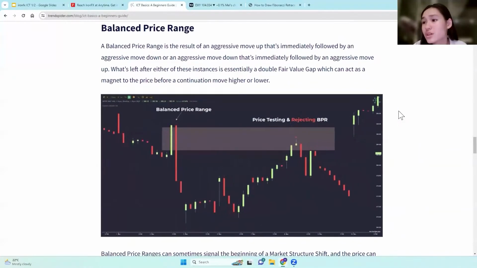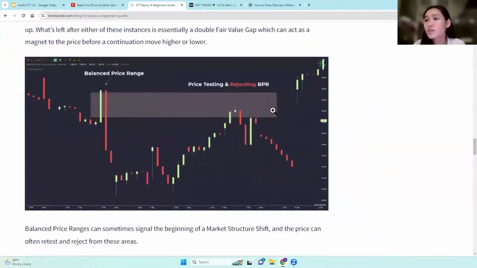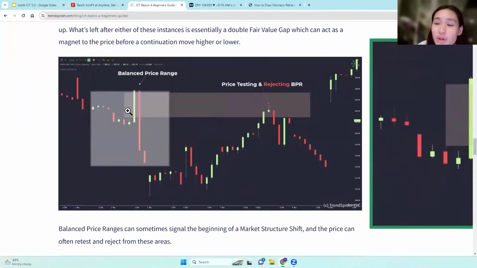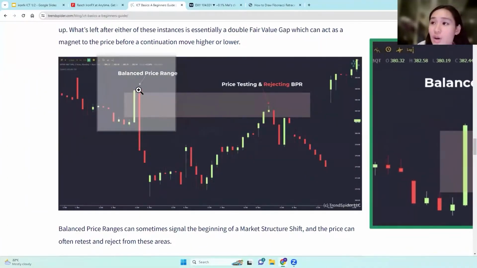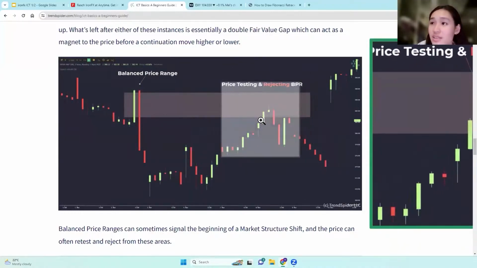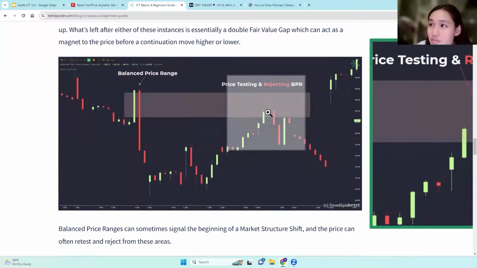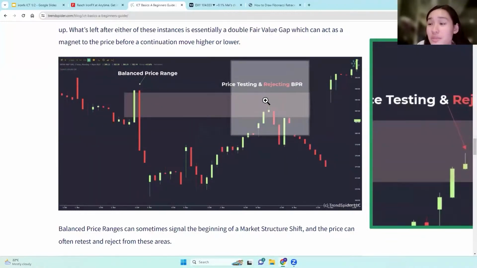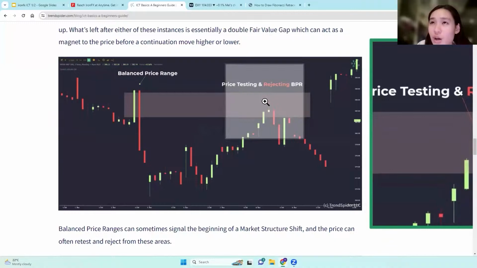Basically this is what we are looking at. We have a balanced price range up here, which is essentially where price rebounds off of a resistance level, drops, and then tests that level again. Here it says price testing and rejecting your BPR. Basically, if you were here for our support and resistance levels, we're just talking about a double swing high.